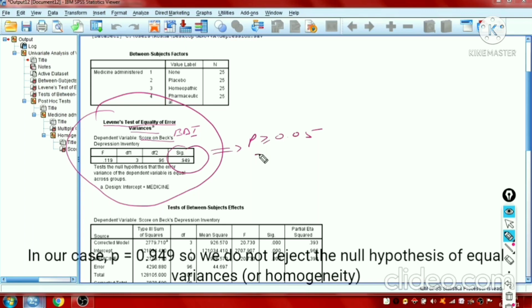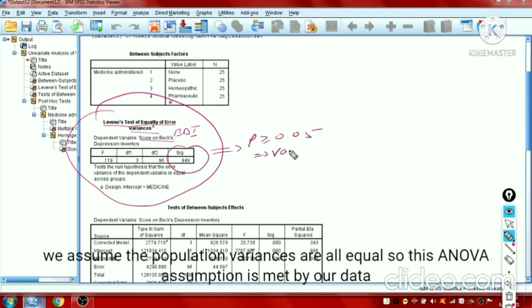The p-value is greater than 0.05, which implies variances are all equal. So the ANOVA assumption is met by our data.